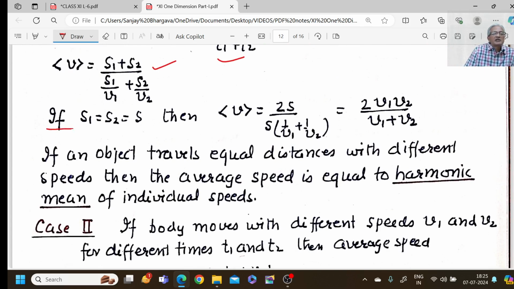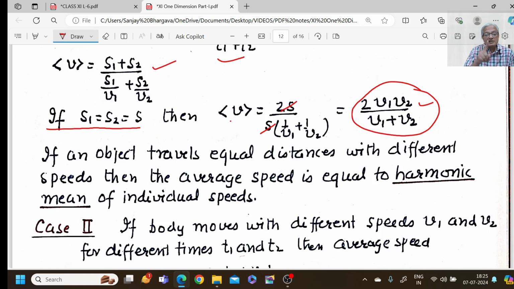Under the special condition, let S1 and S2 be equal to S. Then average velocity would be given by 2S upon S into 1 upon V1 plus 1 upon V2. S cancels here. So we get 2 V1 V2 upon V1 plus V2. A very important relation for us.